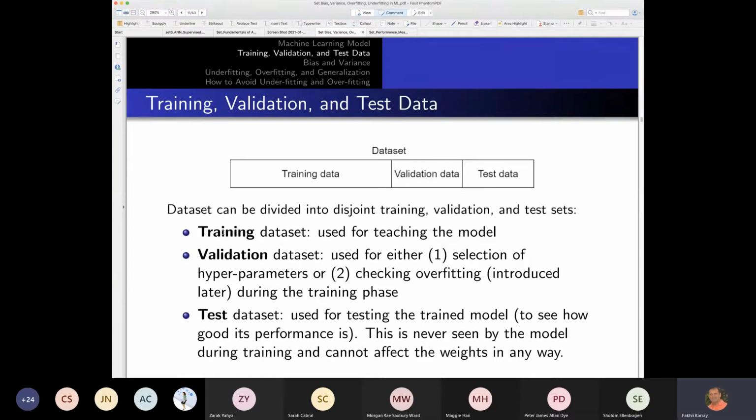After we do the training and the validation of the model with the training data set and validation set, the system has never seen this test data, and then we see whether this model is going to be useful or not. This is never seen by the model during training and cannot affect the weights in any way.